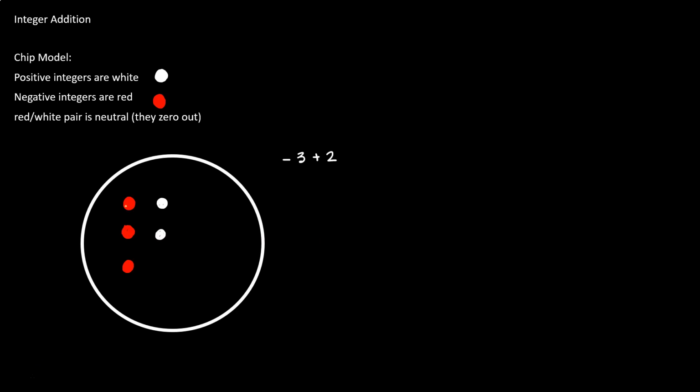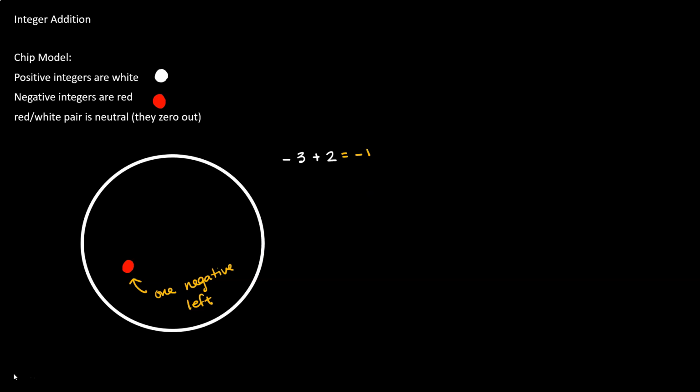Then I'll go back and look for any neutral pairs. I have 1 neutral pair here, 1 neutral pair here. After I've removed my neutral pairs, I'm left with 1 negative chip. Meaning negative 3 plus positive 2 equals negative 1.